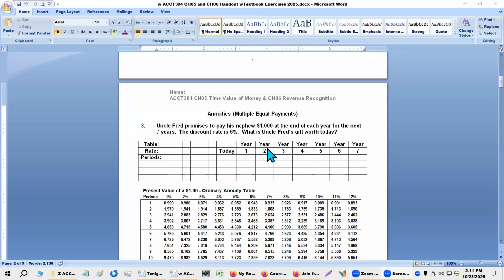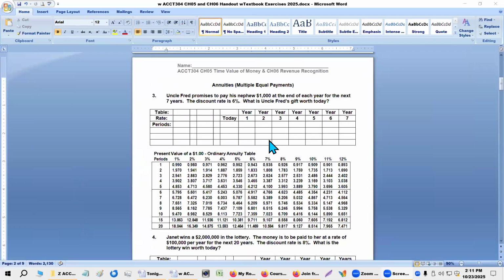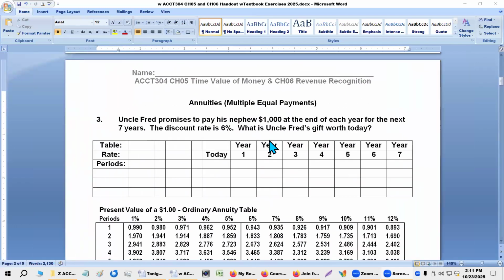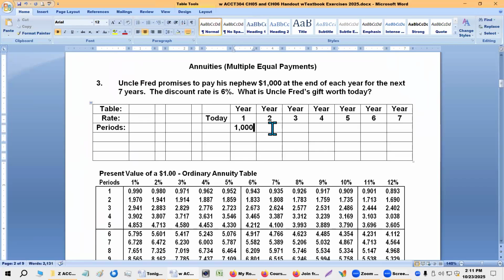Okay, let's try this again. There we go. Uncle Fred promises to pay us $1,000 at the end of each year for the next 5 years.